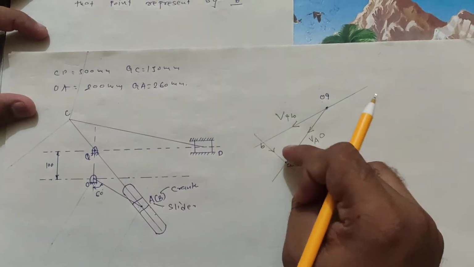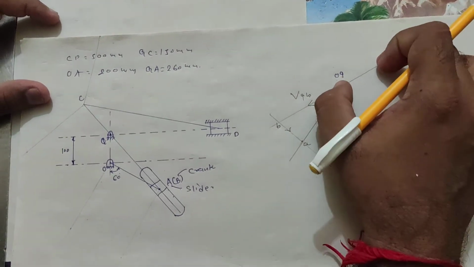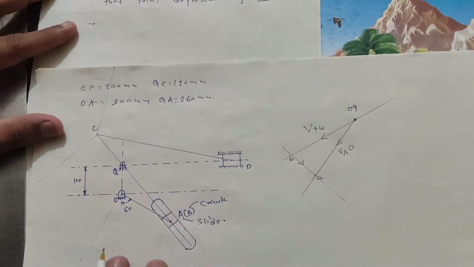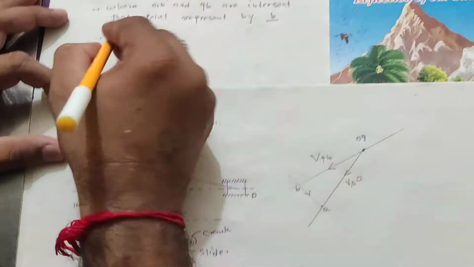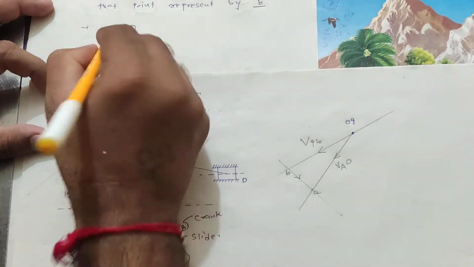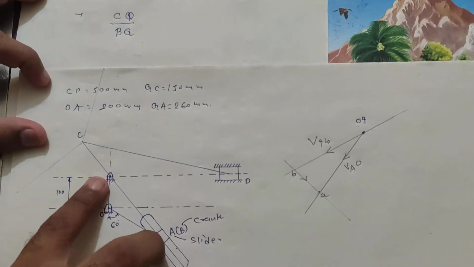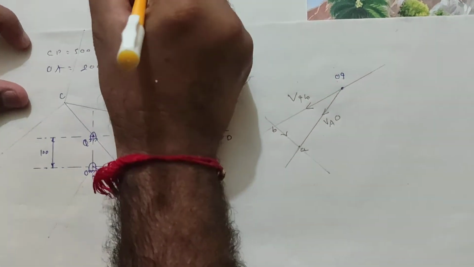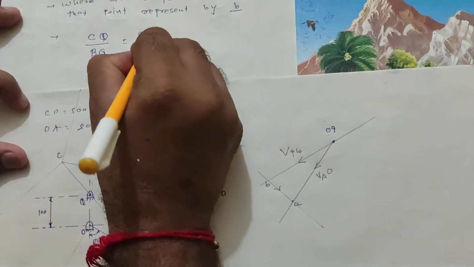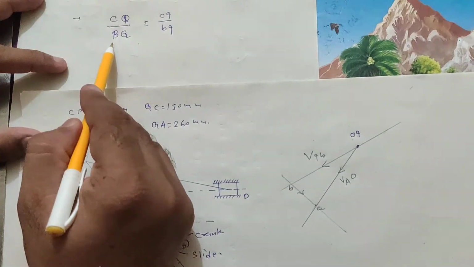For that I have already extended one line, but up to which length is that line extended? For that purpose we have to use the relationship equation: CQ upon BQ is equal to vector CQ upon vector BQ. So we have a value of CQ, we have a value of BQ.